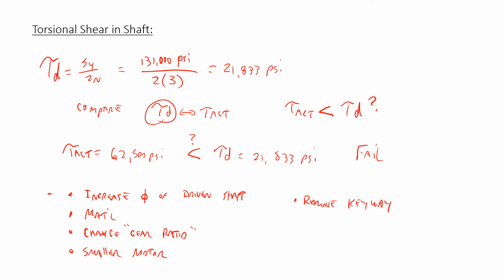I think our best option right now is to look at increasing the diameter of the shaft. So instead of using a 1/2 inch diameter shaft, let's try a 3/4 and see what happens.